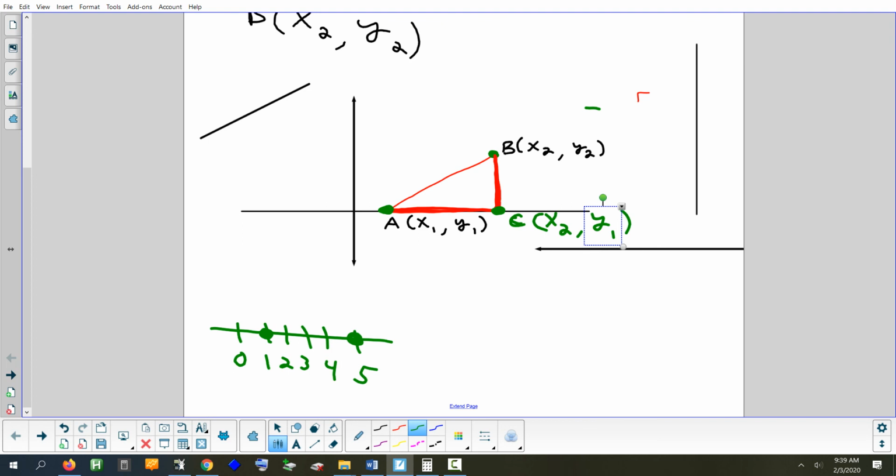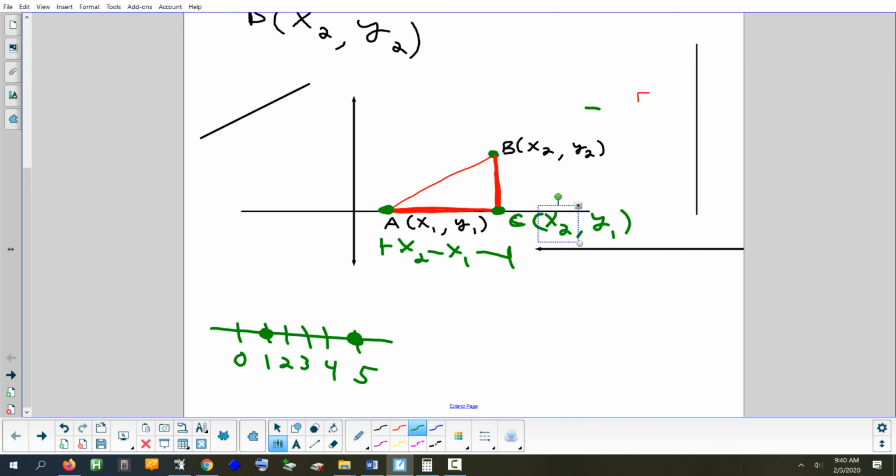And if you subtract two things that are the same, you get 0. And the distance between A and C is not 0. So what we have to do here is subtract the x values. Let's say this x value was at 2, and this x value was at 10. That means the distance between them is 10 minus 2. They're 8 units apart. So that's the length of the bottom side.